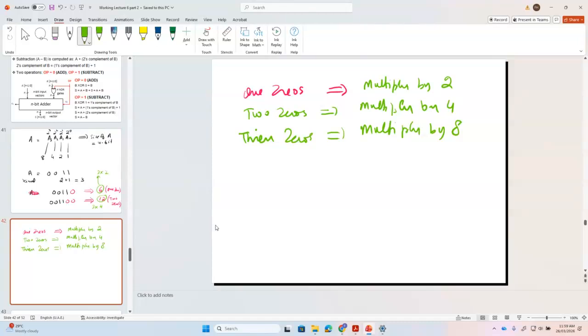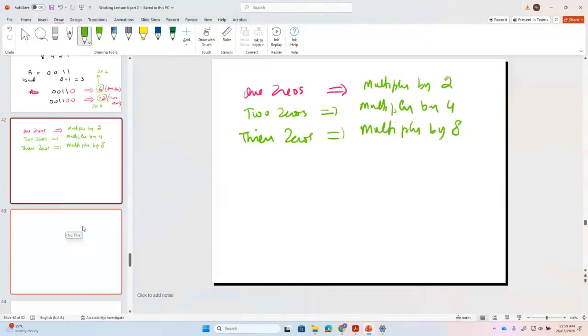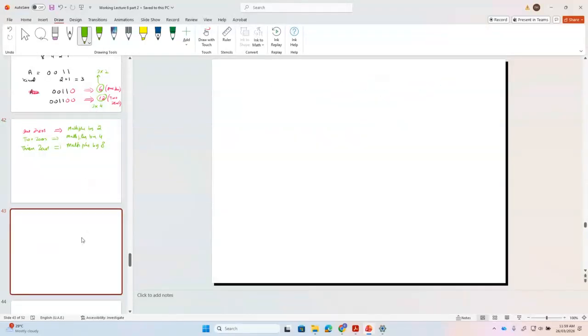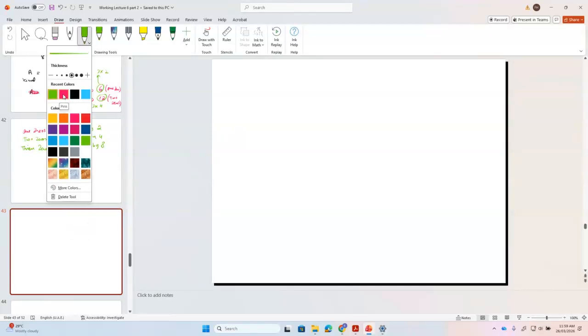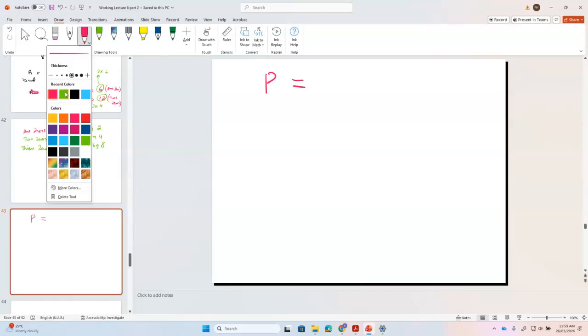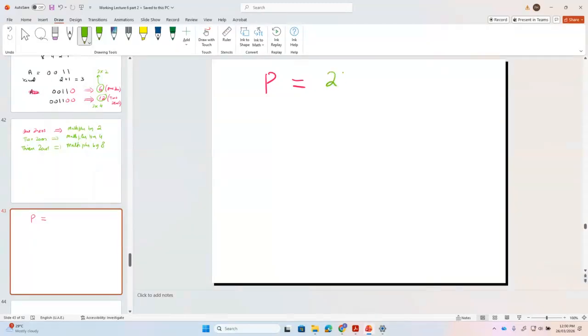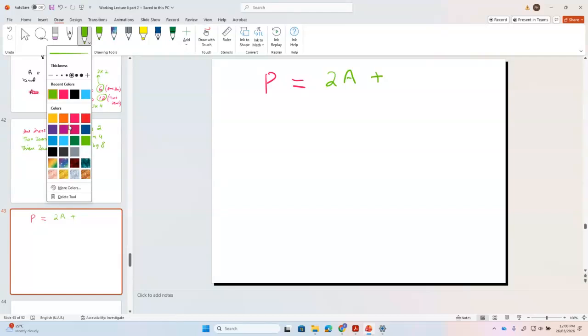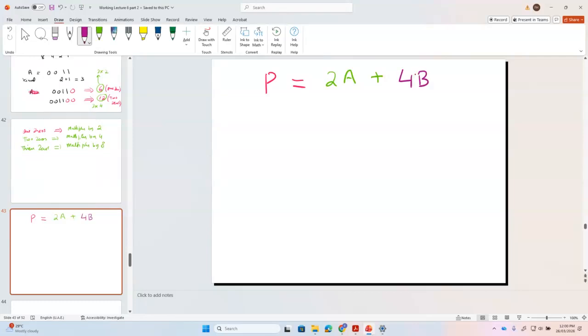Okay. Now, assume that we want to perform some task and design an efficient circuit. Let's assume we want to design P equal to 2A plus 4B.